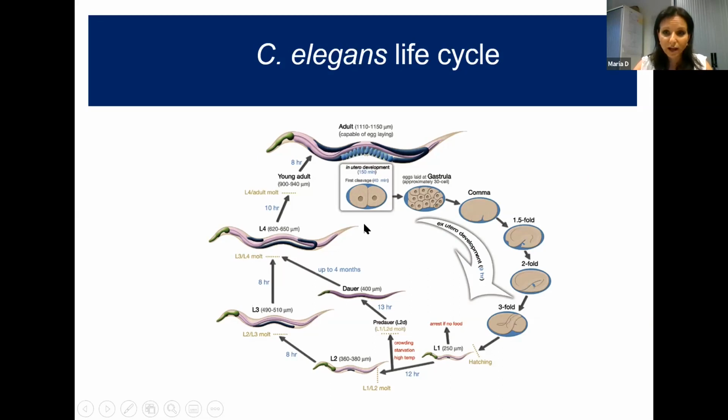If conditions are not great, they try to preserve themselves, and they form this dauer stage. When conditions become good again, for example if you've forgotten to feed them, they form this dauer stage, and when you feed them again, they go back and become L4s and adults.